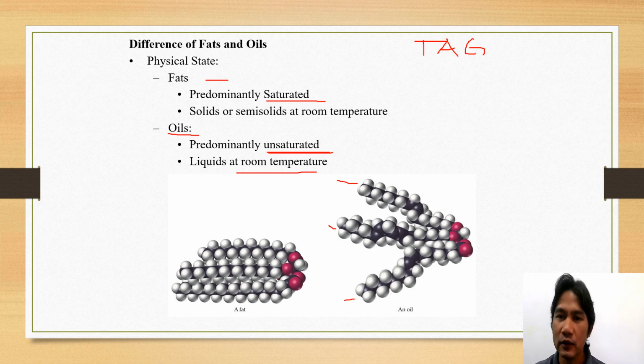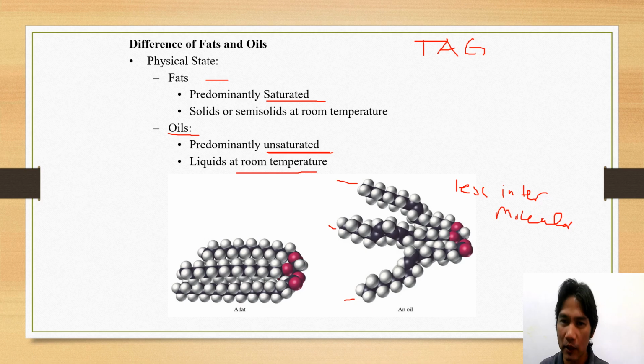So bending results in less packing, less intermolecular attraction. I repeat, the double bonds create bending. As a result, less intermolecular attraction, less interaction among these fatty acids.